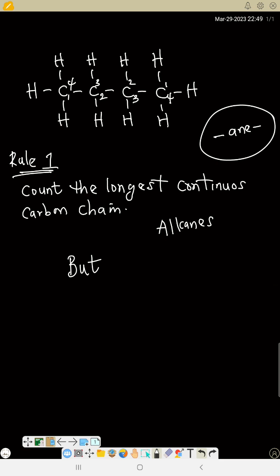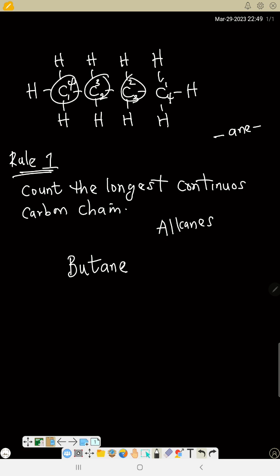We have prefix and suffix, and the suffix will come after. So this is butane, because 4 carbons is but, then single bond is alkane and the suffix is ANE. So you just add the suffix there. That means this structure is butane.